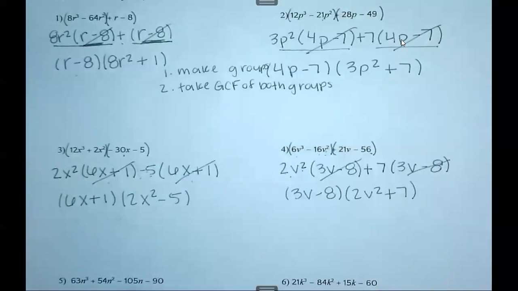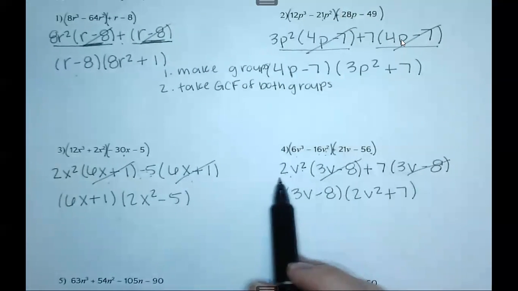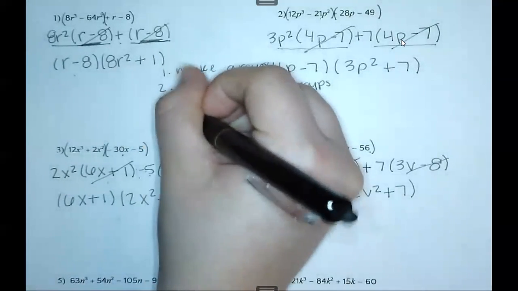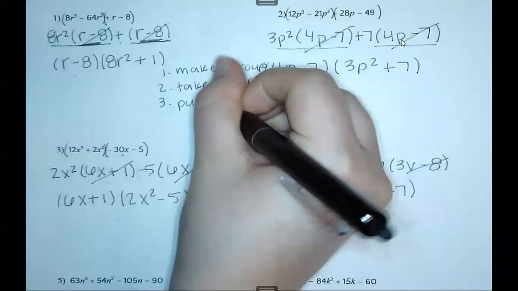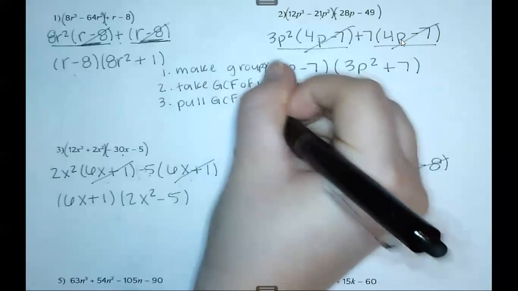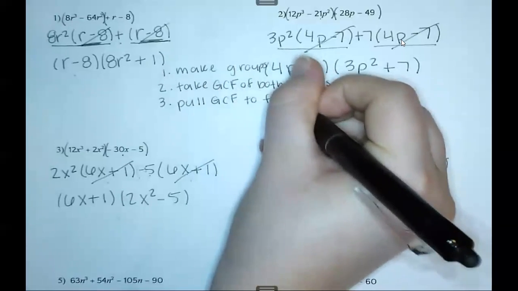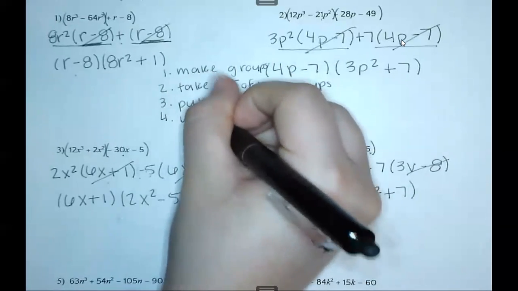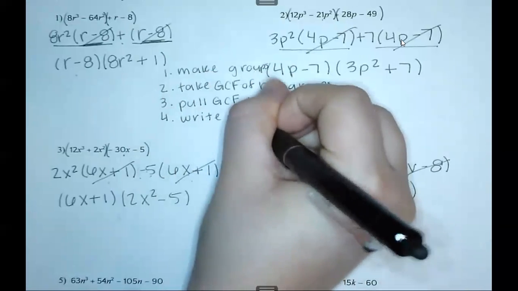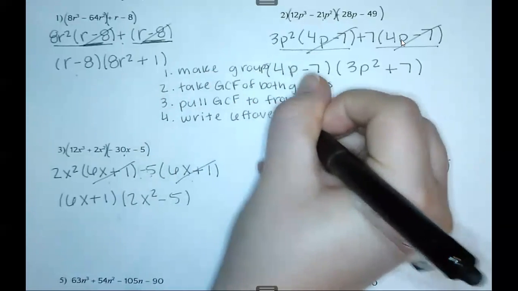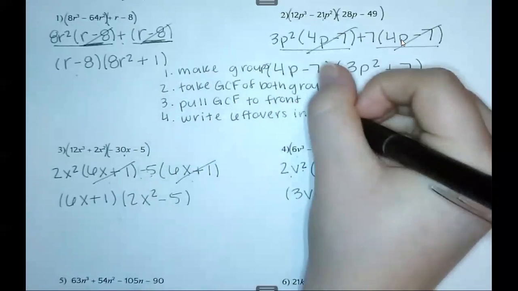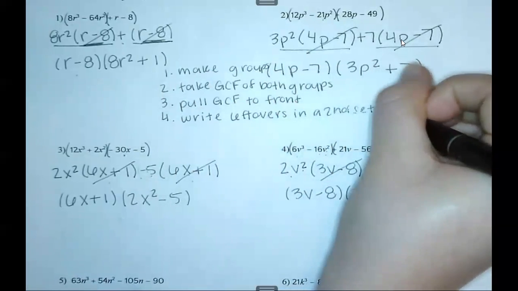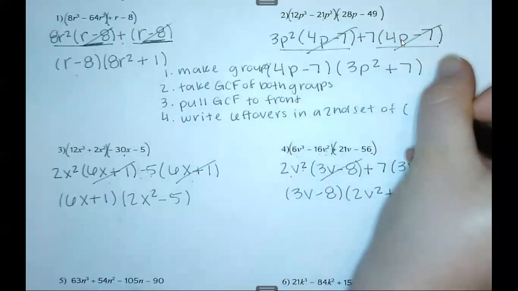Taking the GCF out gets us this first line here. Step 3, pull the GCF to the front. And step 4 is to write leftovers in a second set of parentheses.